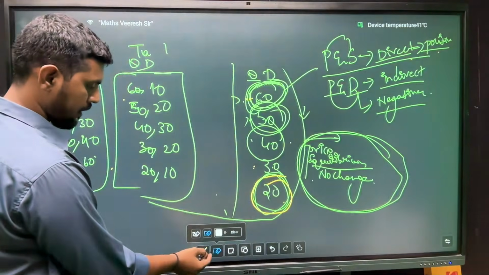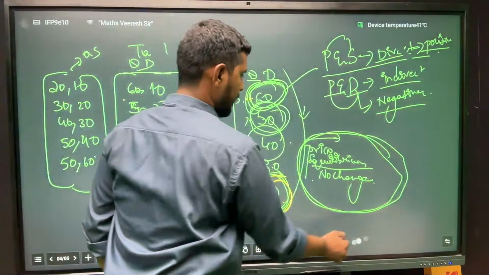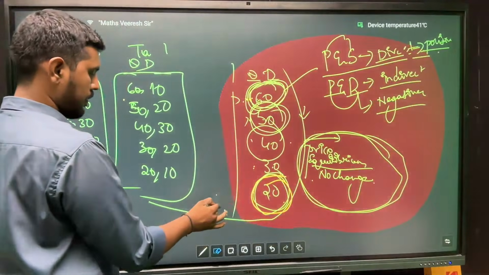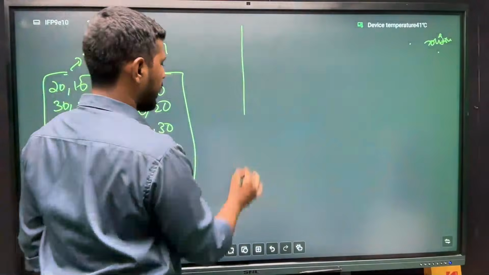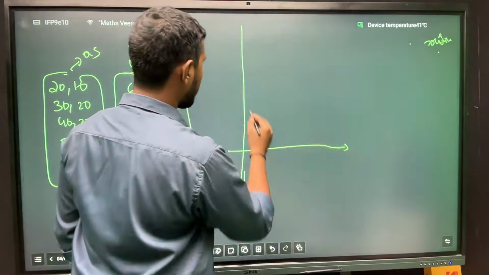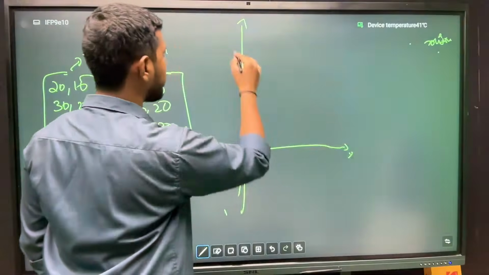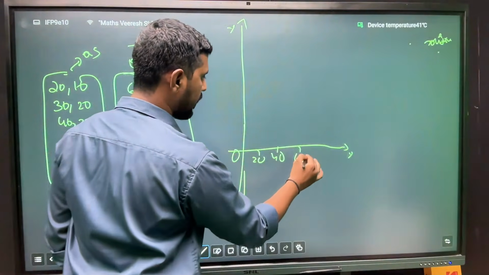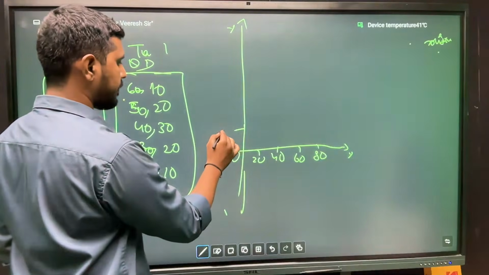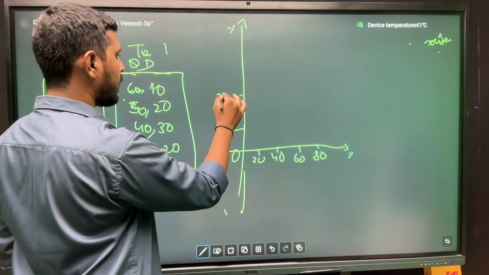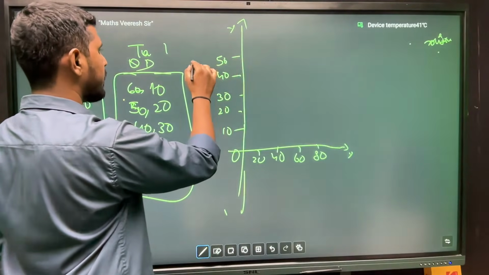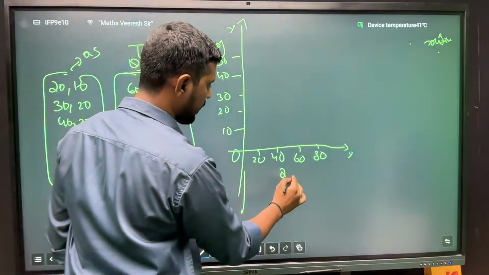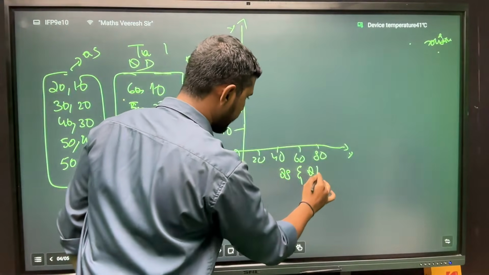I'm going to draw here only. Look at here, the graph. OX, OY: 20, 40, 60, 80, and here 10, 20, 30, 40, 50. This is the price of the good or commodity. Here QS and QD. Right?